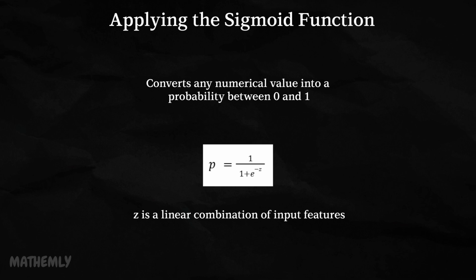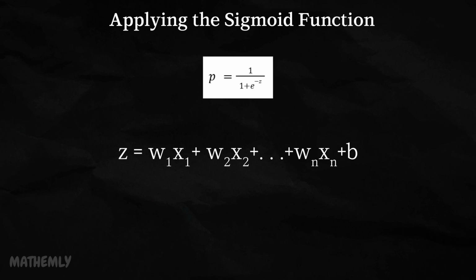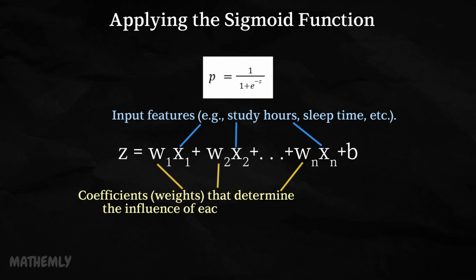But what does this linear combination mean? Think of z as a weighted sum of all input features. Z equals w1x1 plus w2x2 all the way to wnxn plus b. Here, x1, x2 all the way to xn are the input features, for example, study hours, sleep time, etc. w1, w2 all the way to wn are coefficients or weights that determine the influence of each feature.